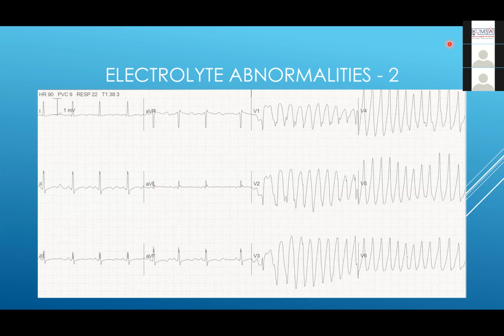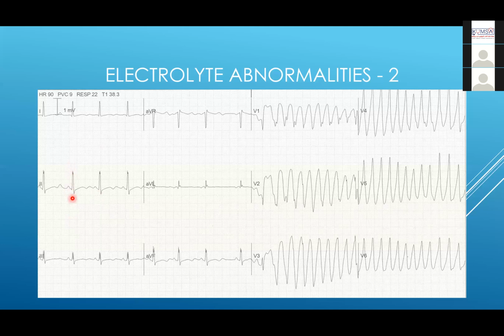Okay, so you got the second part right. That's torsade. But what's the cause of the torsade? Let's take it step by step. We have a P wave, a QRS, a T, and then something else, and then a P. This is quite a short PR interval, a very narrow QRS.